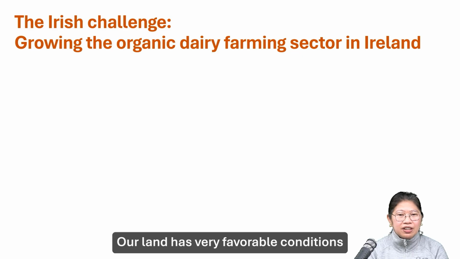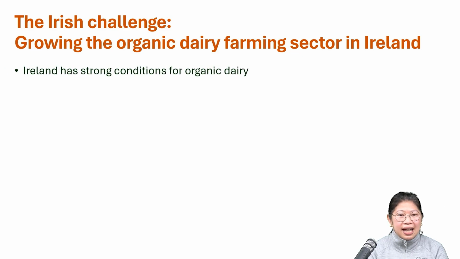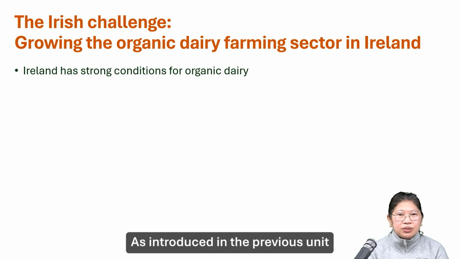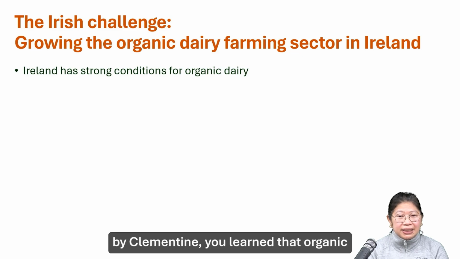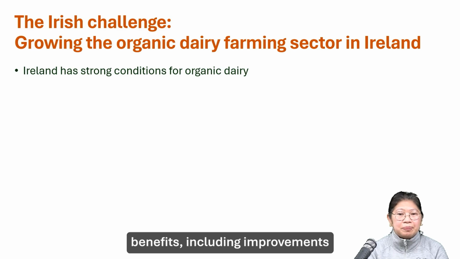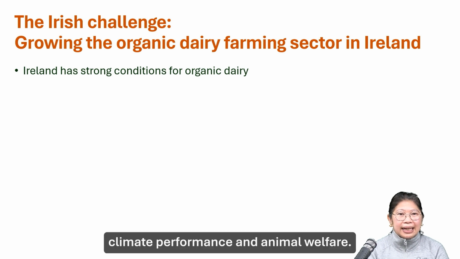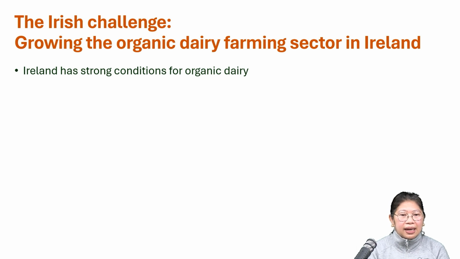Ireland has very favorable conditions for organic dairy production. As introduced in the previous unit by Clementine, you learned that organic dairy delivers multiple environmental benefits, including improvements in biodiversity, water quality, climate performance, and animal welfare.